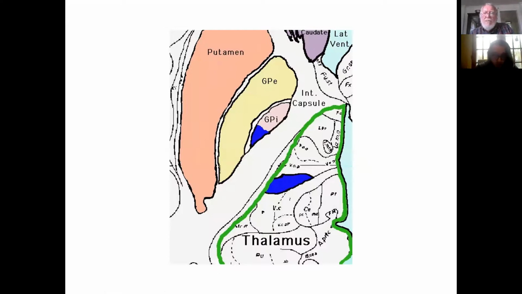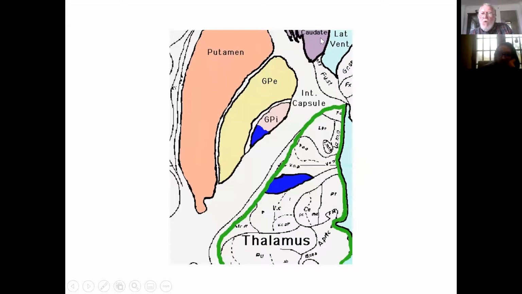And what we can see right here are the lateral ventricles, and what we're beginning to see here is the beginning of the third ventricle. But what we basically see is the caudate hugging the what? The lateral surface of the lateral ventricle.